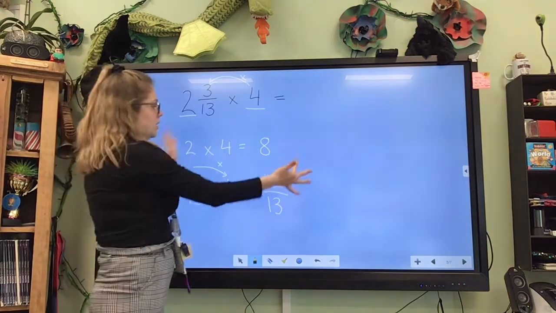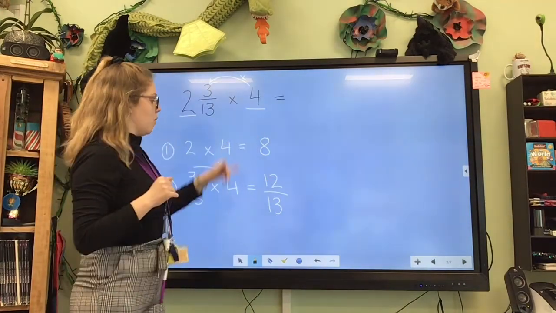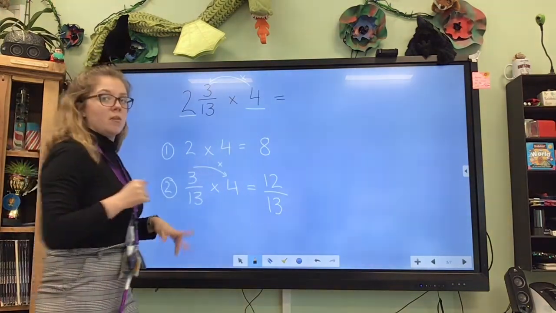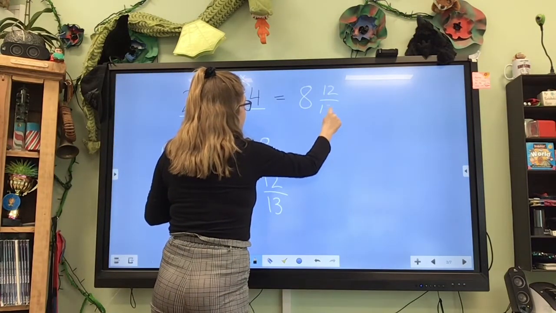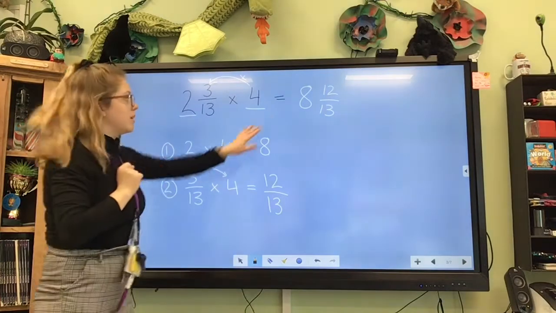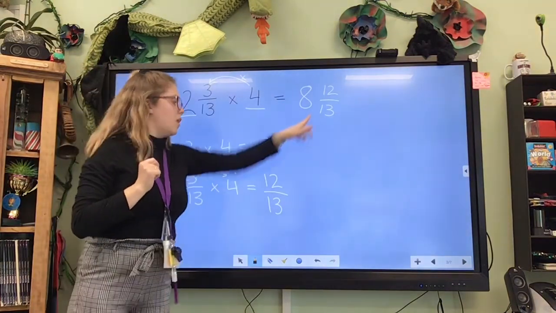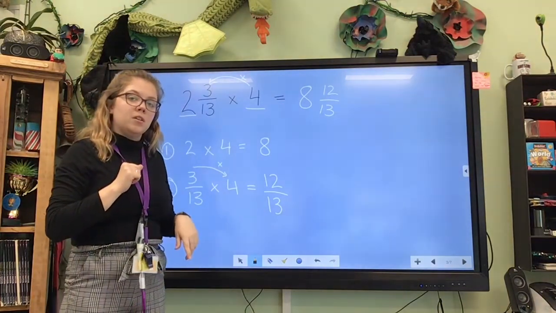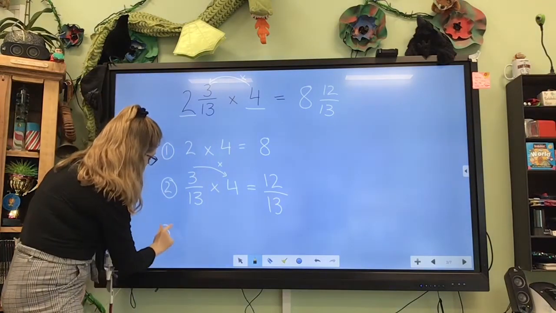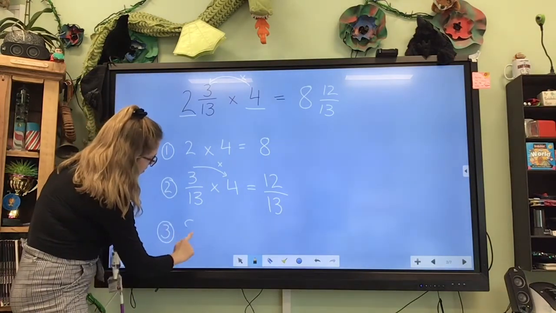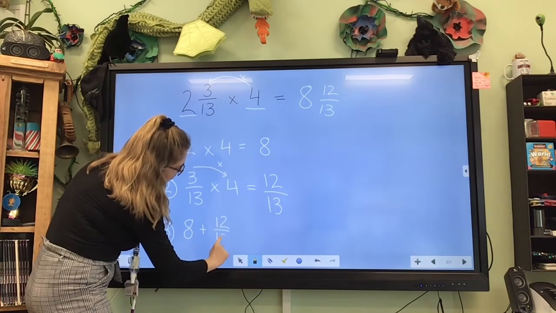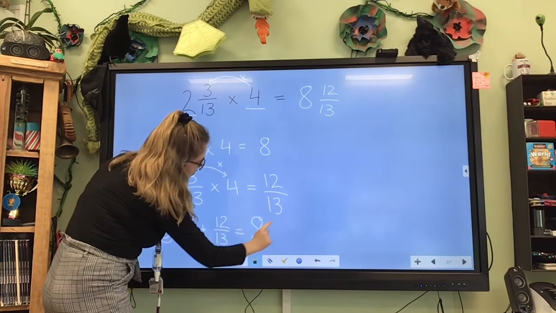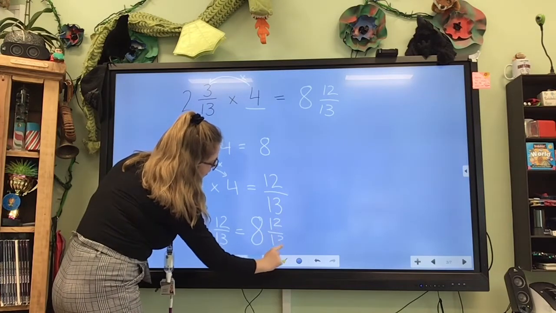Then finally, you need to put those two together, our 8 wholes and our 12/13, which simply put, added together, would be that as a mixed number, because we've mixed our number of wholes with our fraction that's left over. So our third step would be 8 wholes, add 12/13, which is our mixed number, like that.